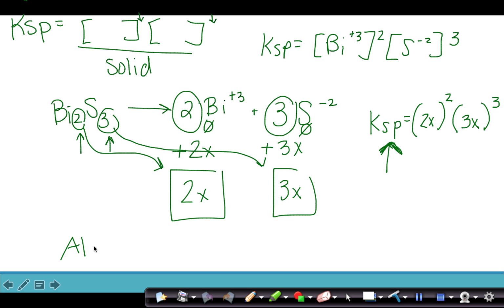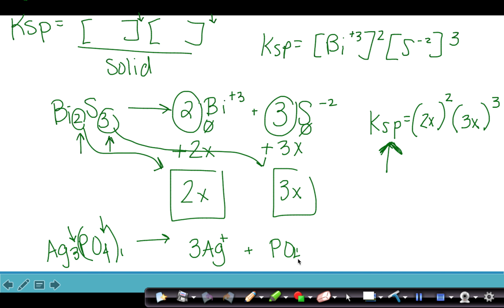For example, I'll go with the Ag3PO4 again. I can tell you right now that Ag is going to be 3x cubed, and PO4 is just going to be x to the first, because PO4 has an understood 1 here, and the Ag has a 3 here. So this is going to be 3Ag+ plus PO4-3, which means that this winds up being a plus 3x down here.